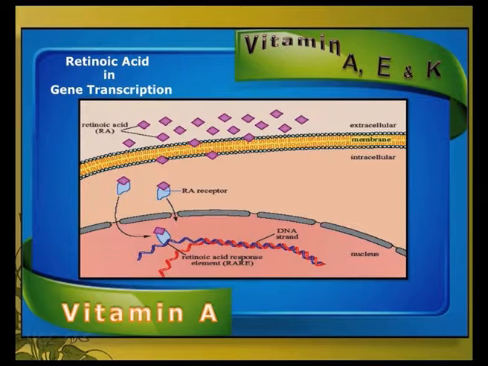Retinoic acid receptor bound to retinoic acid gets entry through the nuclear pore complex, and binding to these rare elements, retinoic acid controls transcription of many genes that are responsible for normal growth and development in different forms and stages of life.